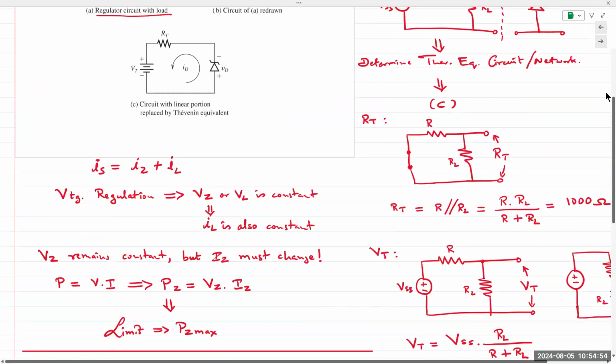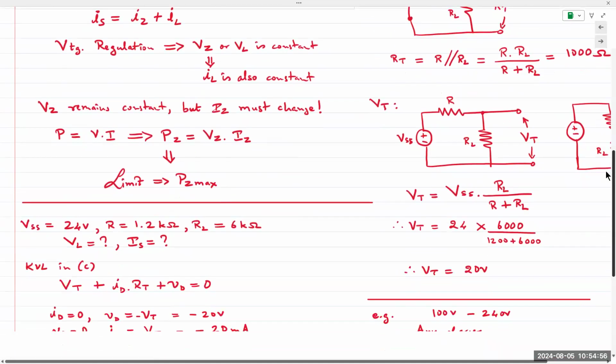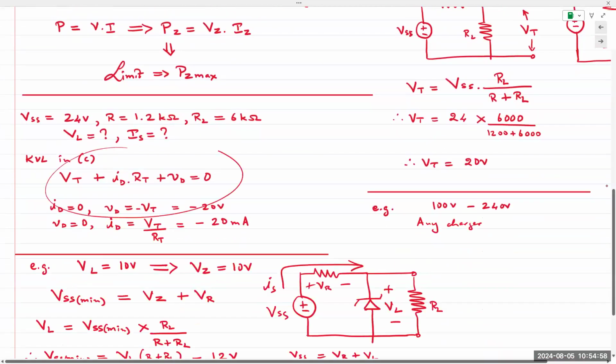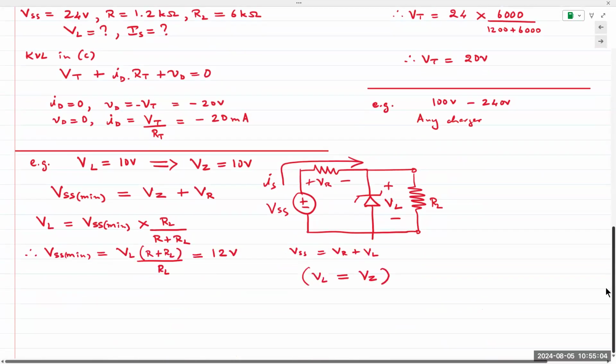We applied KCL at the top. We applied KVL here, right? Then there's the power equation, of course, P is equal to VI. So those are the same techniques that you'll use no matter the circuit. It is up to you as an engineer to think and apply those equations. All right, any other questions?